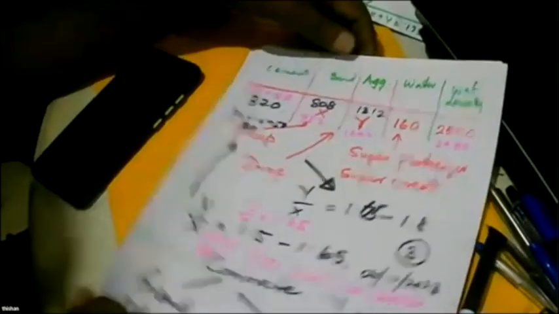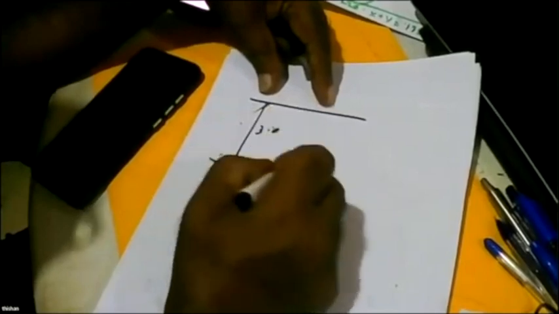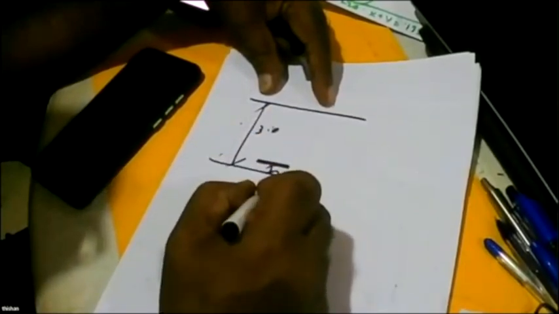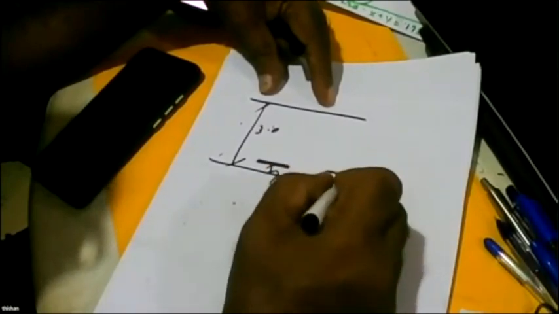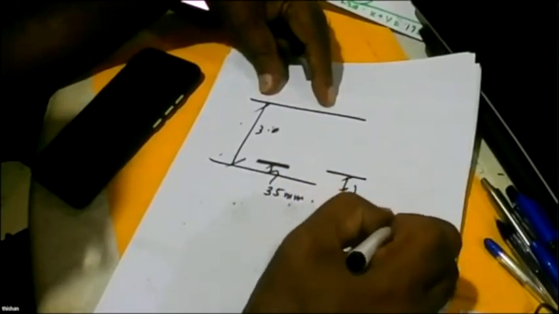Very simple. What you do is, you have a thick raft, 3 meters thick. On one hand, you can push to the limit and specify 35 millimeter cover. On the other hand, you specify 45 millimeter cover. What is the impact on the lever arm?